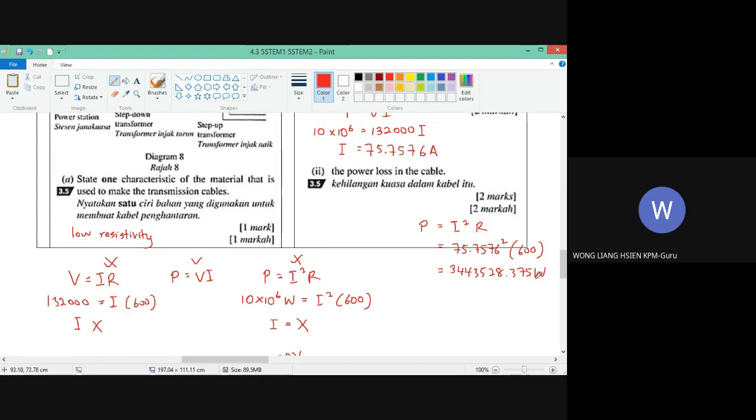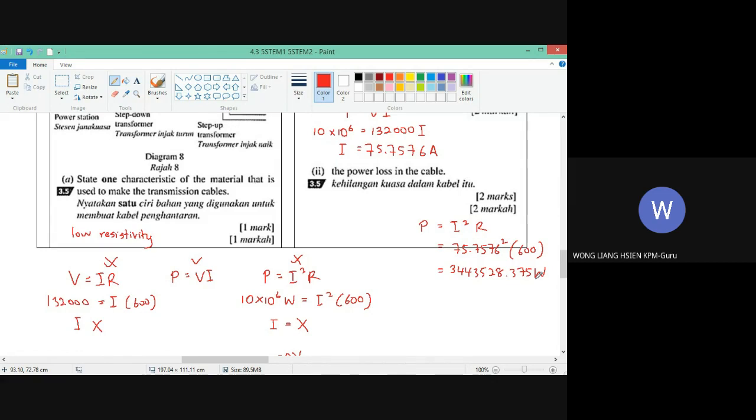Please write the whole thing. Please, I beg you, write the whole thing. 344,3528.375, or if you want to round off also, you round off become 0.38. Okay, 344,3528.38 watt.